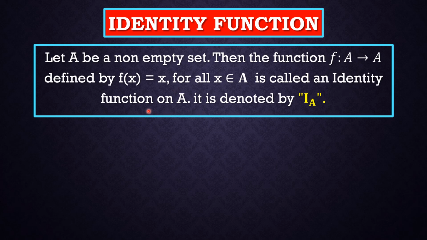Identity means does not change. We take any element. Symbolically it is denoted by I_A. I means identity function, and the suffix A here means defined on. That function is defined on that set A. So this is the definition of identity function.